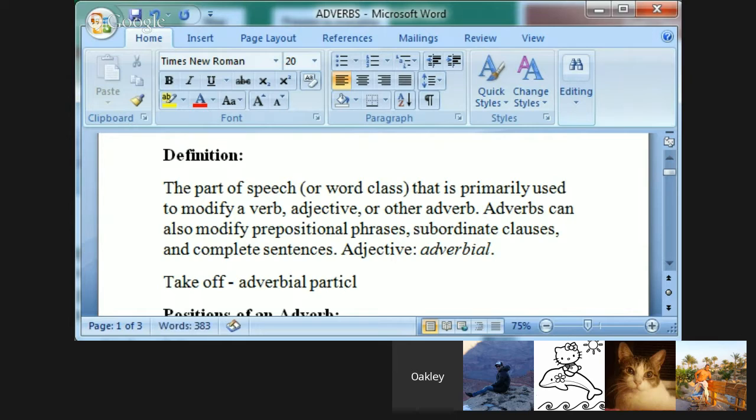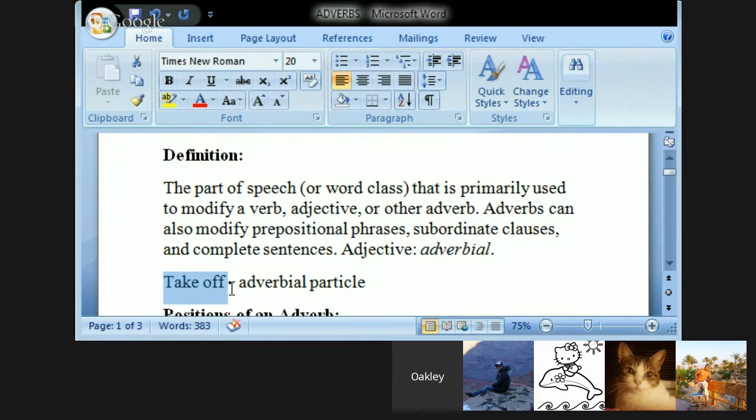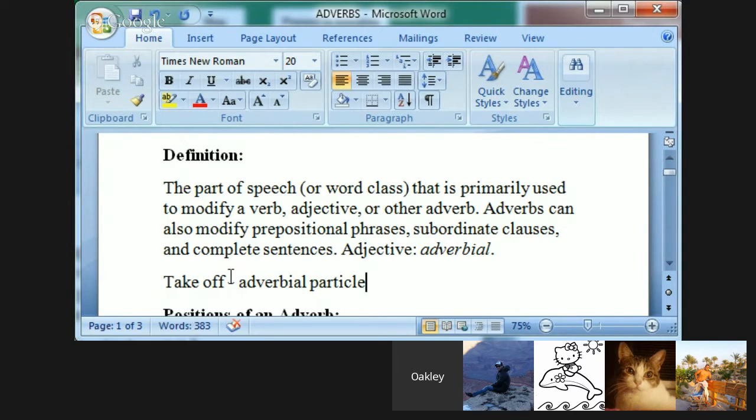Particle means part or piece. If you think about it, it makes perfect sense because it is acting to modify take. It's changing the meaning, and it's a part, or particle. So off here is called an adverbial particle.